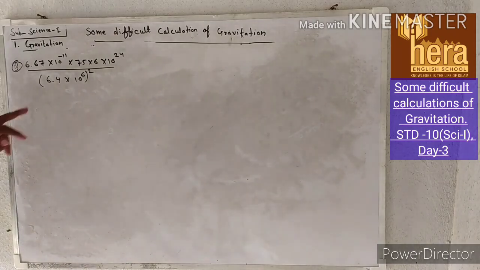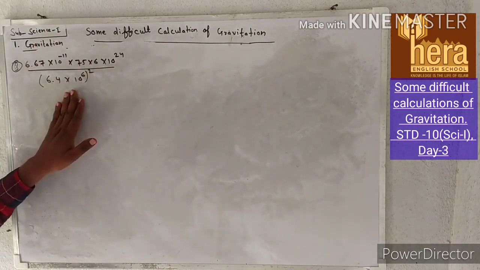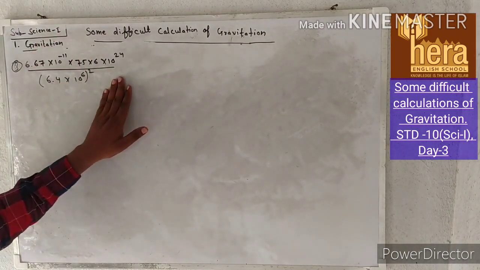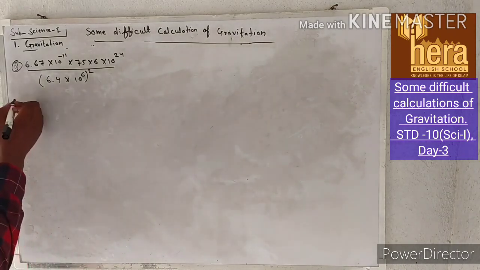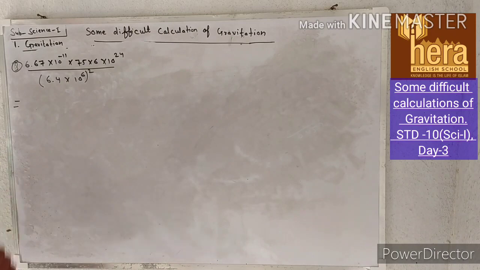Here I have taken another example again from your textbook. You have to solve this and write the number in scientific notation. Okay, so this will be equal to, now you can do it, no problem at all.